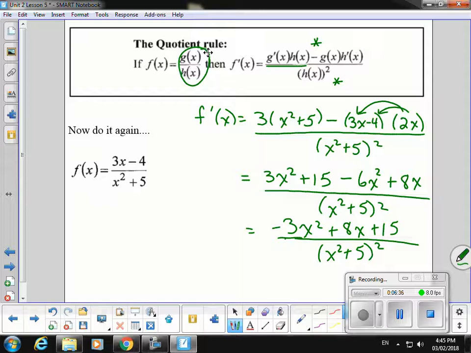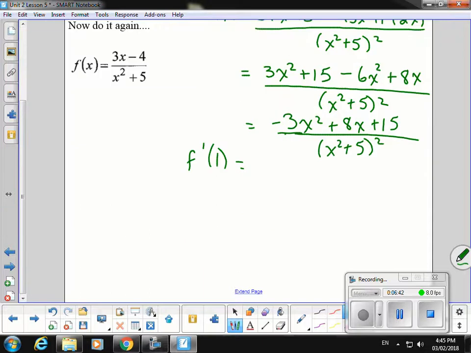The derivative at 1 would be negative 3 plus 8 plus 15 is 20 over 1 plus 5, which is 6. 6 squared is 36. What do you know? That's about decimal 5 repeating.